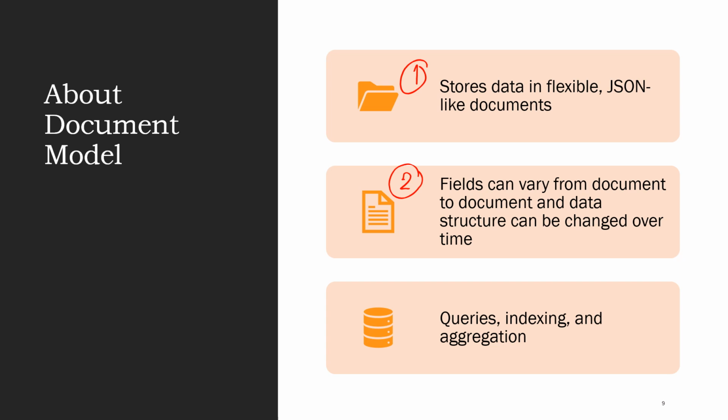We don't have a concept of a very strict schema to follow. So documents can have different data structures, and the data structure of a particular document can change over time as well. And last but not least, the model supports complex queries, indexing, and aggregation.